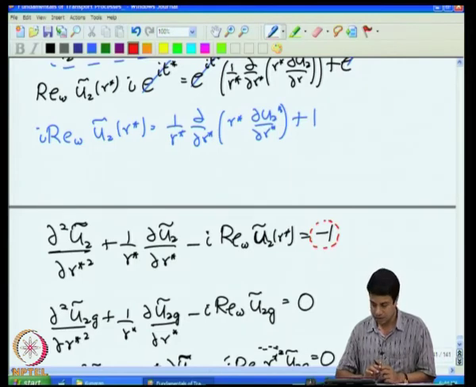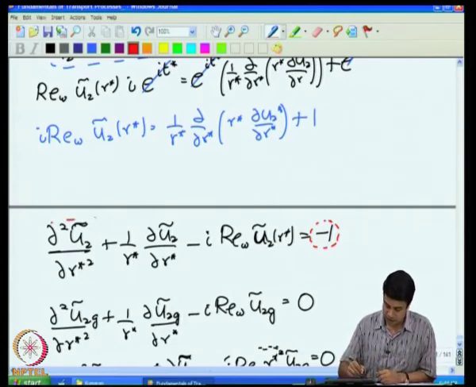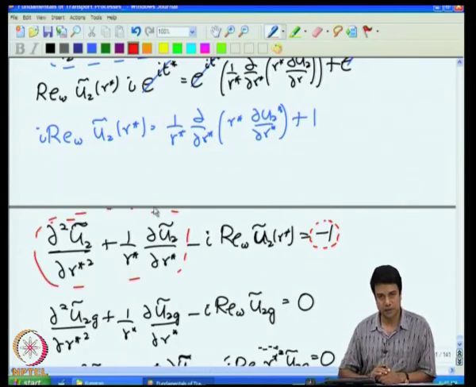If I postulate that the particular solution is a constant, then these first two terms identically become 0, because the derivative of a constant is 0, and you end up only with the third term.